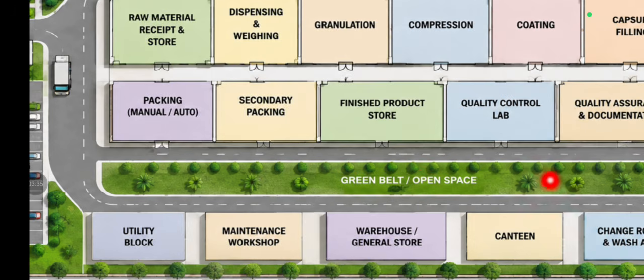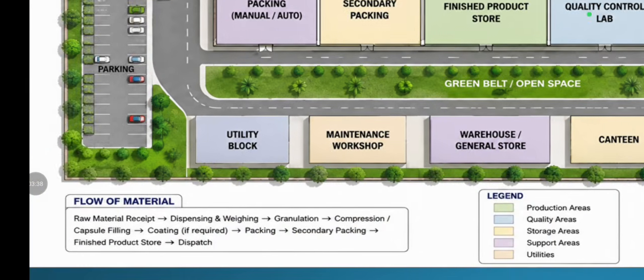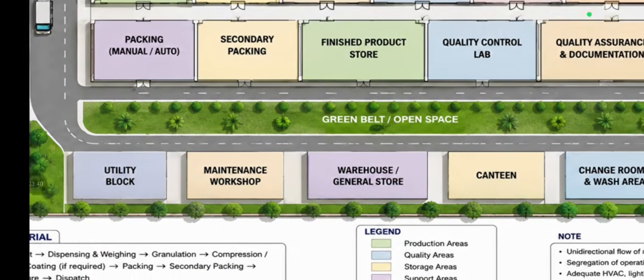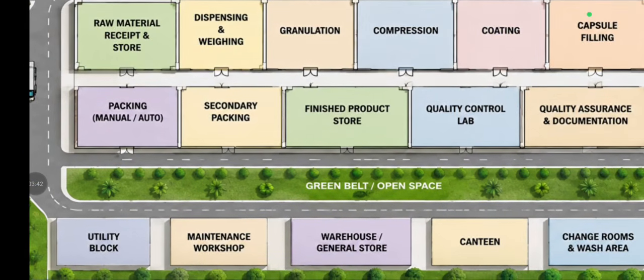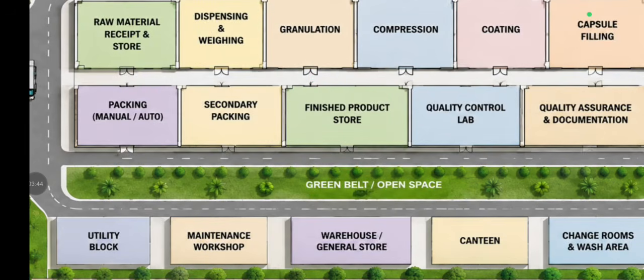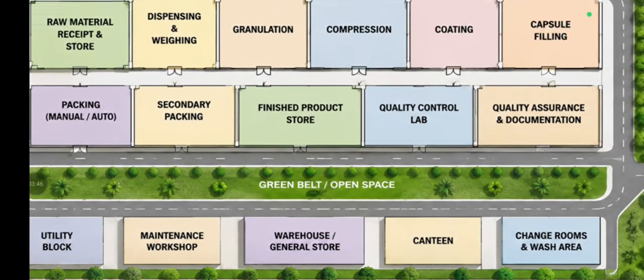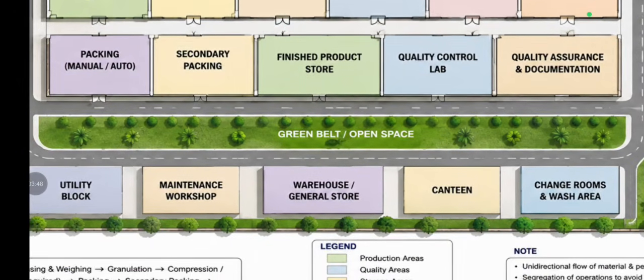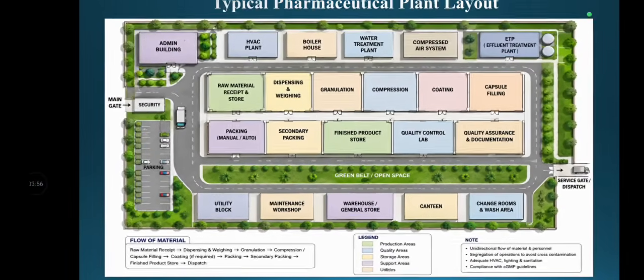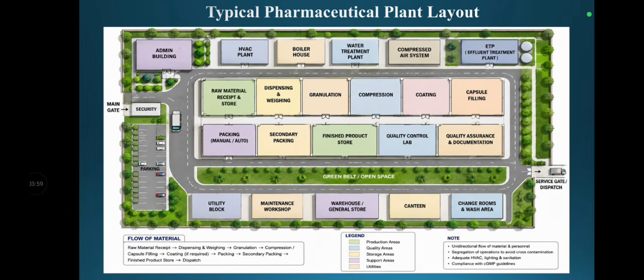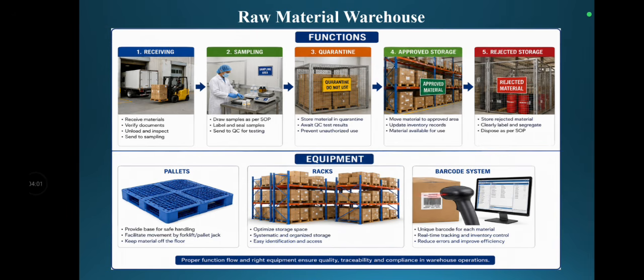Then the utility block, maintenance workshop, warehouse, canteen, change room, washrooms, etc. So this is the general typical plant layout of any pharmaceutical industry.